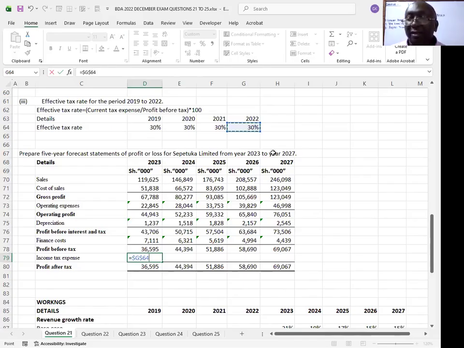You put the dollar signs, ndio iende ikicharge kila mahali.